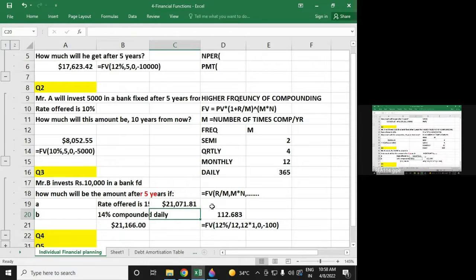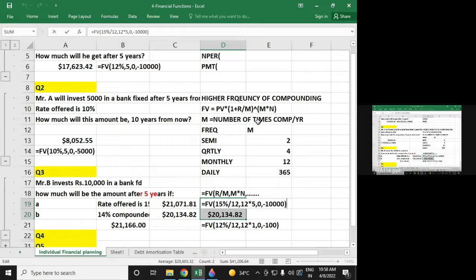Investing 10,000, so we'll show it with a minus sign. Second case में rate is 14% compounded daily. So here are your answers on the screen. Match your numbers. Everyone, formula also shown.